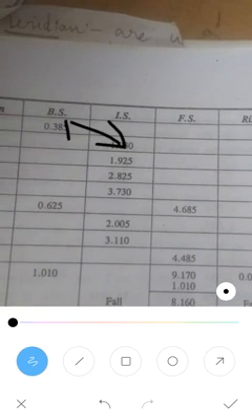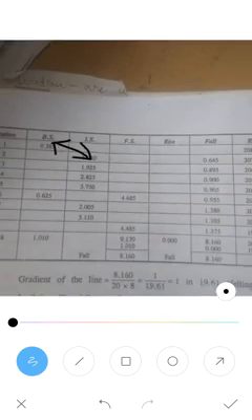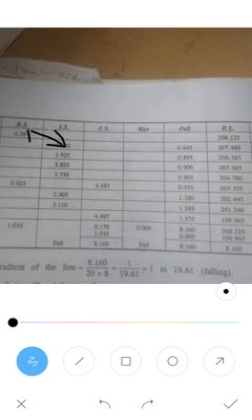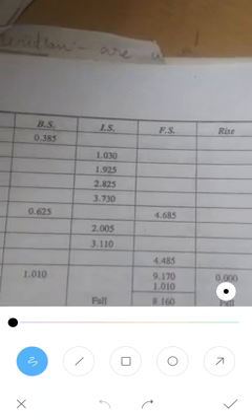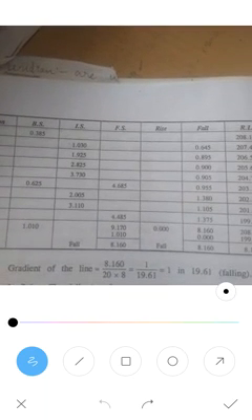So this is one. See here, what is the difference? 0.385 minus 1.030, that is 0.645. It is negative, so that is a fall. Next, 1.925 minus 1.030.